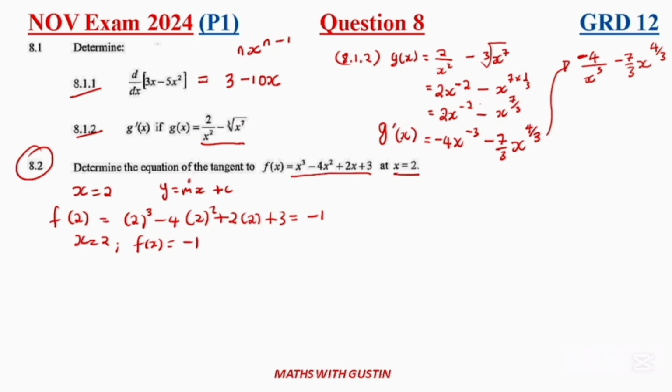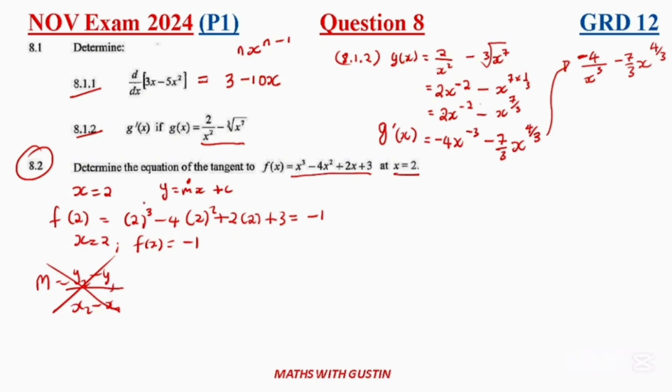Okay, so what can we do now? We're looking for the gradient. We already have the point. We're looking for the gradient. In this case, you can't use this formula y2 minus y1 all over x2 minus x1. You can't use this formula this time around, guys, because now you don't have 2 points. You only have 1 point, which is what? 2 and -1. So what can you do?